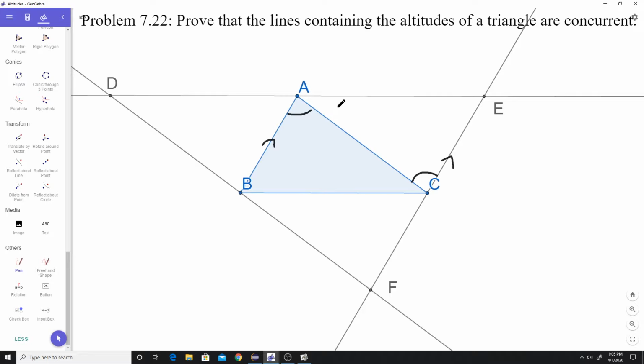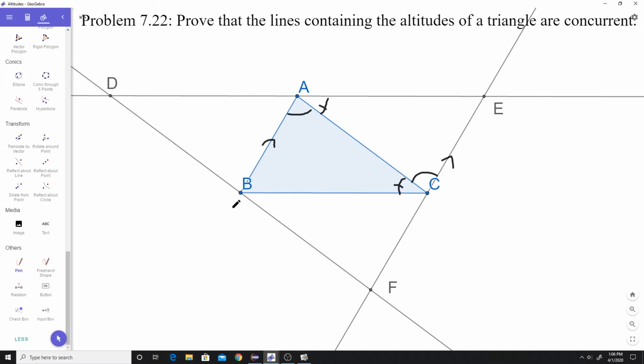And likewise, this angle here must be congruent to this angle here. Same reasoning, alternate interior, because BC is parallel to DE.